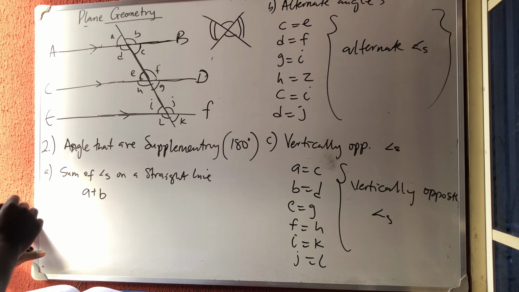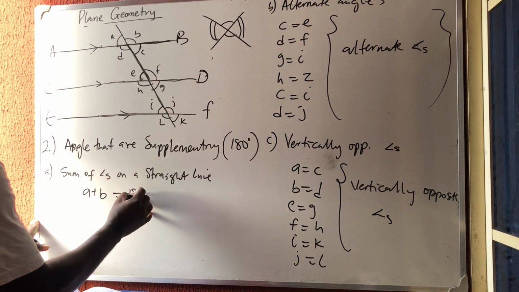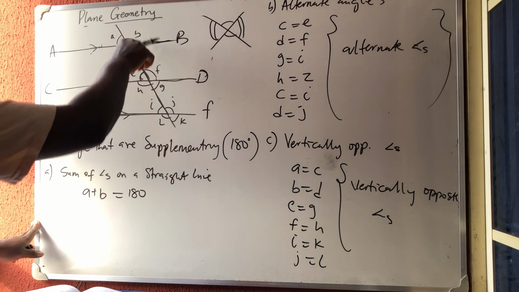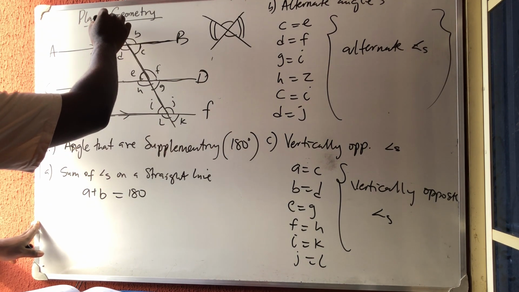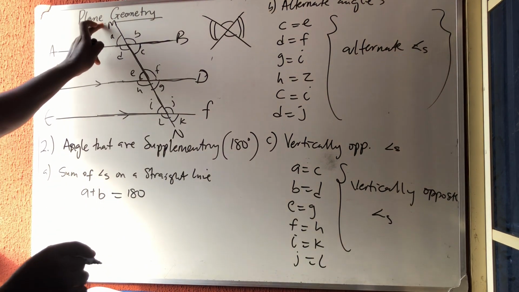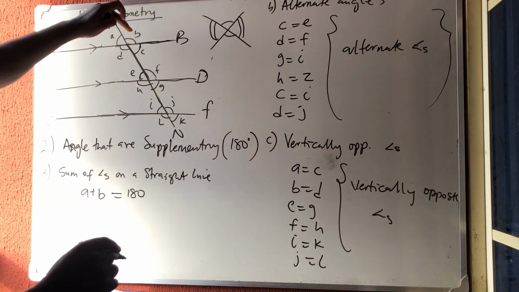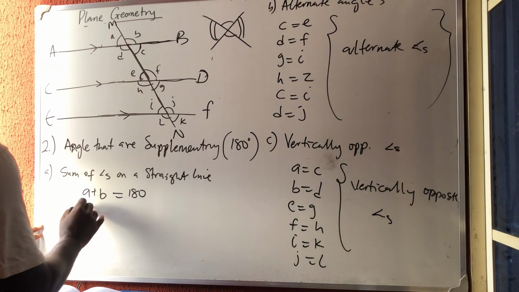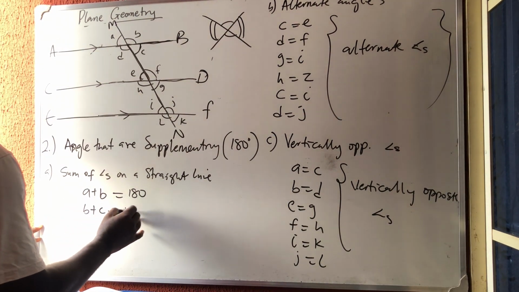So if you combine A and B, it must be equal to 180 because it forms a semicircle. So now, if you consider B and C, let me call this straight line MN. If I add B and C, it is equal to 180 because it will give me a semicircle. So B plus C is equal to 180.